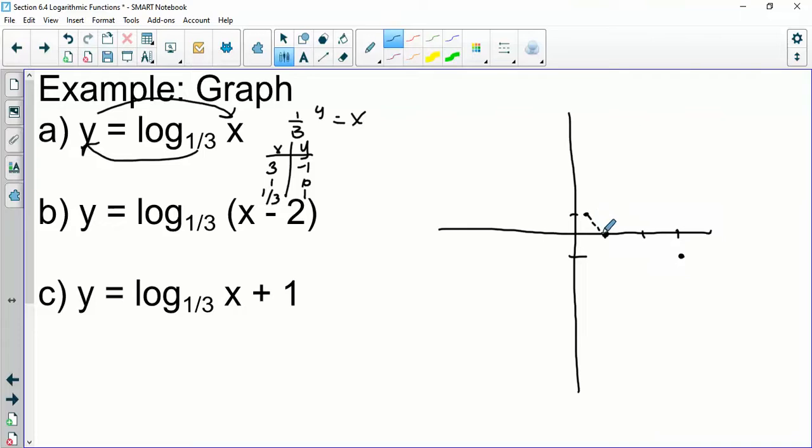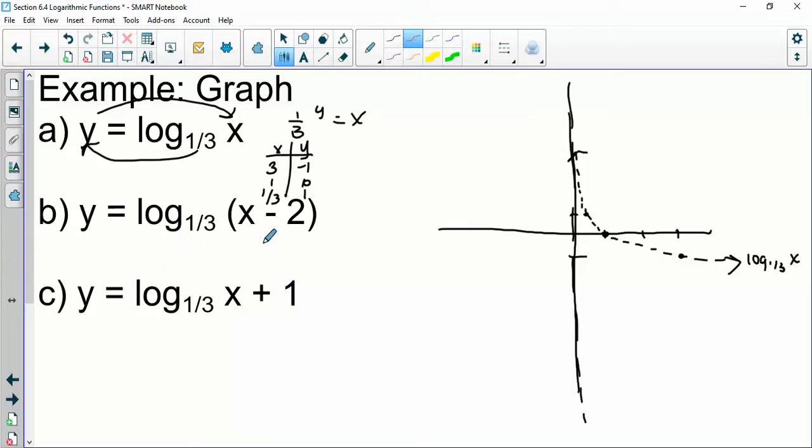I'm going to draw this dashed because it's my parent function here. So it has a vertical asymptote of the y-axis right now. Everybody okay with that one?